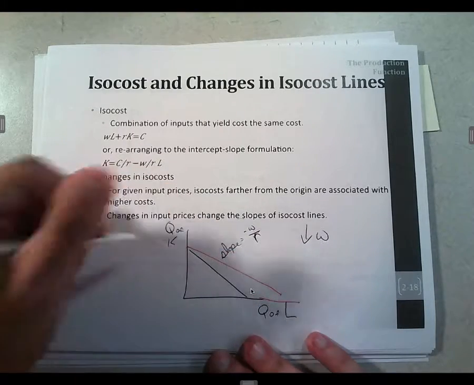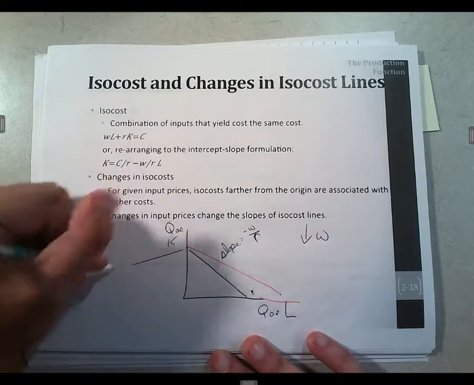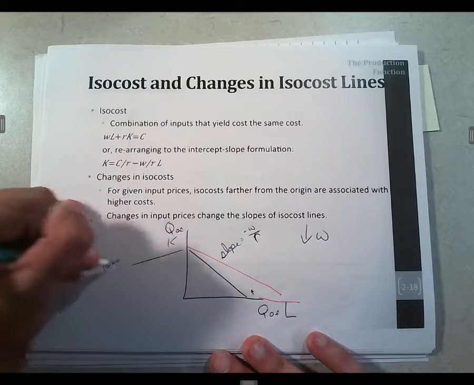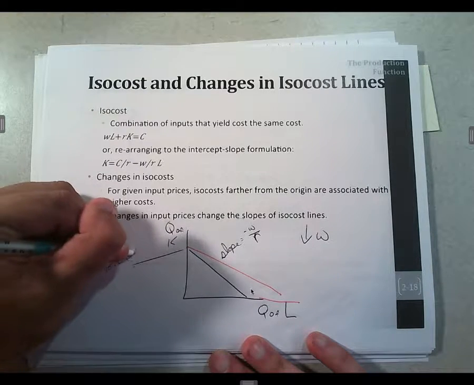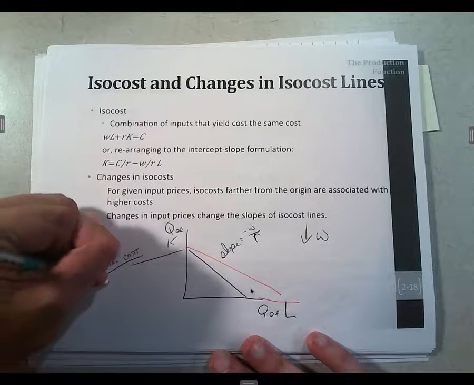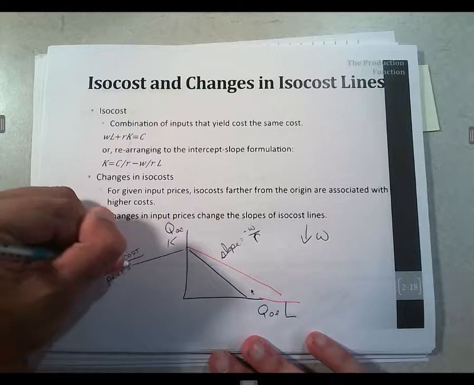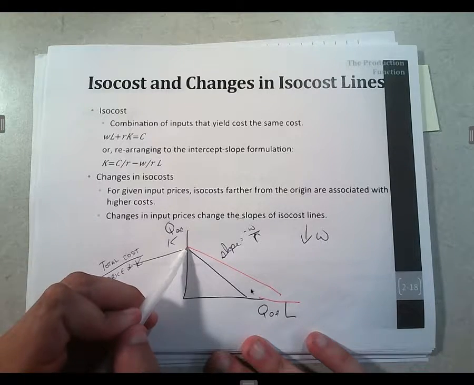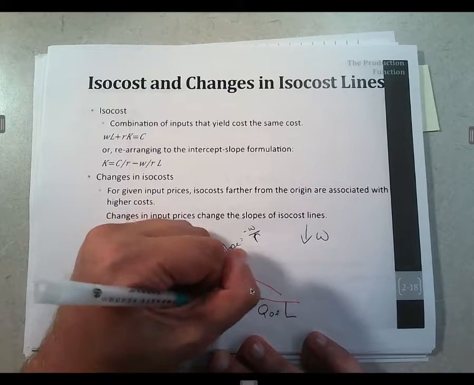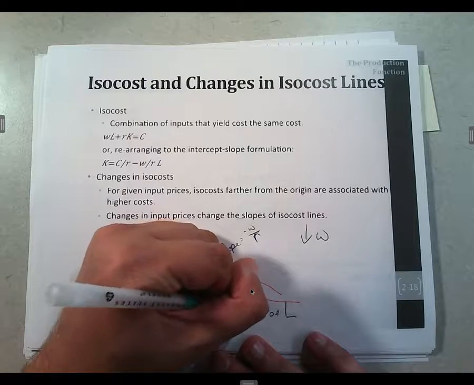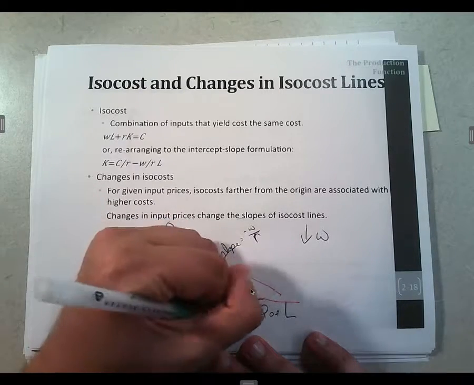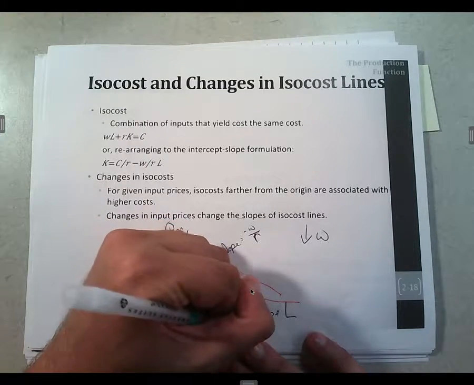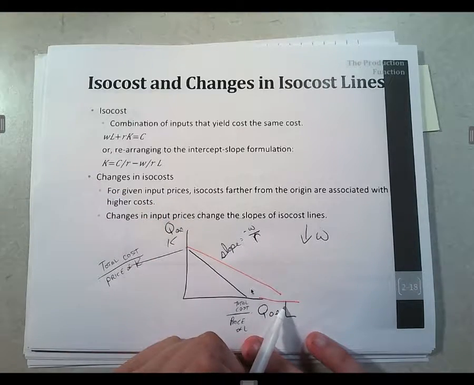Not the y-intercept, because nothing has changed in the y-intercept. This would be total cost over price of capital. Nothing changed in either of those elements for the intercept here. But here obviously it did, because total cost over price of labor, well obviously the price of labor fell. So now we can buy more of it.